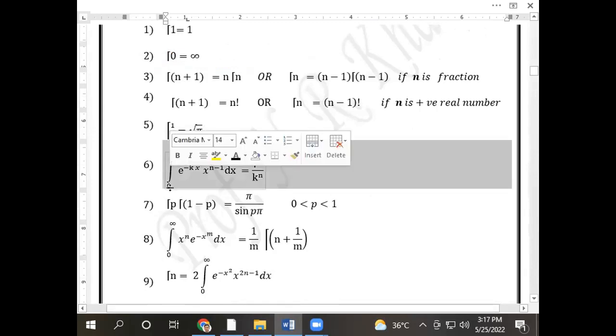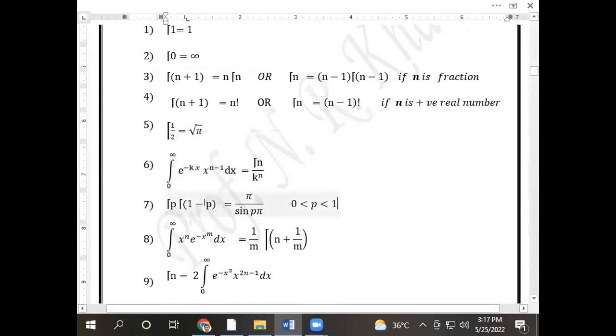And the next: the integration from 0 to infinity of e raised to minus kx, x raised to n minus 1 dx is equal to gamma of n divided by k raised to n. We will prove this property in the next few lectures.